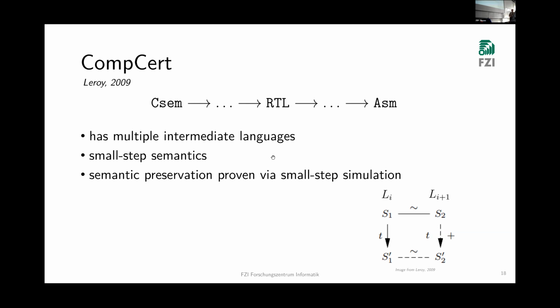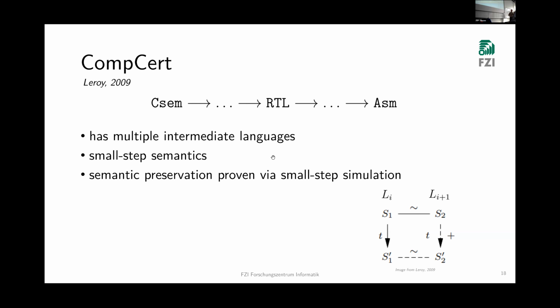We have seen it already, but I'm going to give you a quick example of how it looks. Here we have a transformation from language i to language i+1. On the left side, we have a single step from state 1 to state 1 prime. On the right side, we have state 2 that is in some way equivalent, or matches state 1. If we can say that for this single step in the first language, there exist one or multiple steps in the second language to a state 2 prime, such that this final state 2 prime matches state 1 prime again, then we have a small-step simulation.